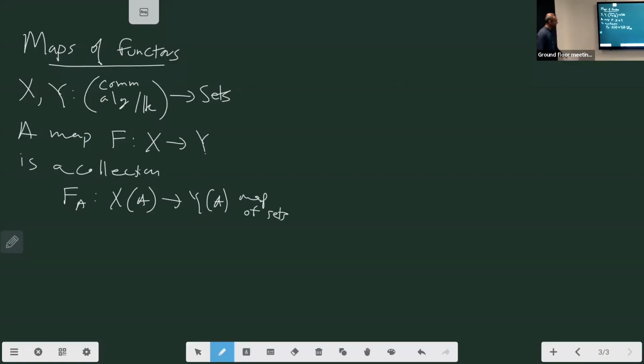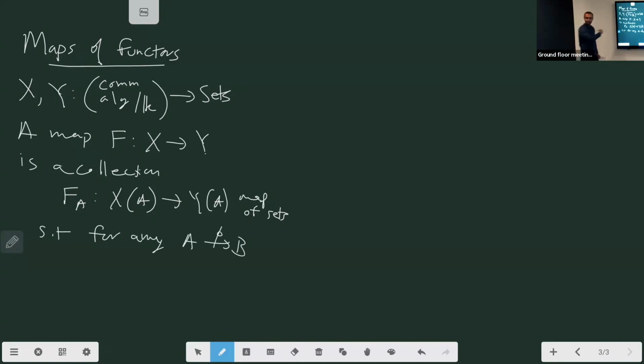The collection of maps of sets from the A points of x to the A points of y, such that what you'd expect for any map of rings. If you change the ring, which is you substitute elements of one ring to another, then you get a commutative diagram.